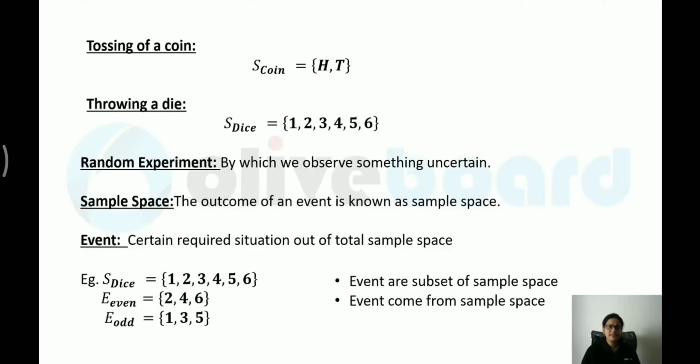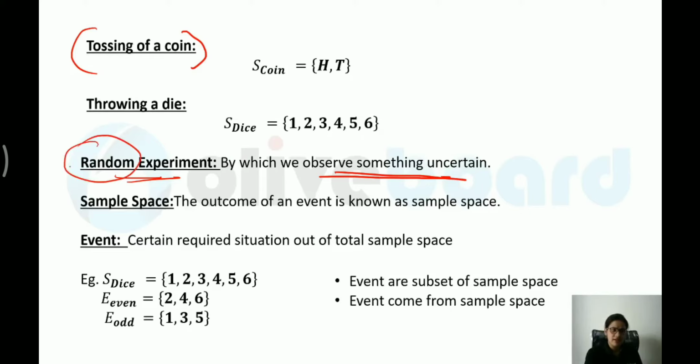Now, let us discuss a few things. The tossing of a coin. In probability, whatever thing is happening is called a random experiment. Whatever experiment you are carrying out is called a random experiment. You observe something that is uncertain, so from this event you should get some uncertain value. When I am tossing a coin, I may get head or I may get tail. That process is nothing but a random process.